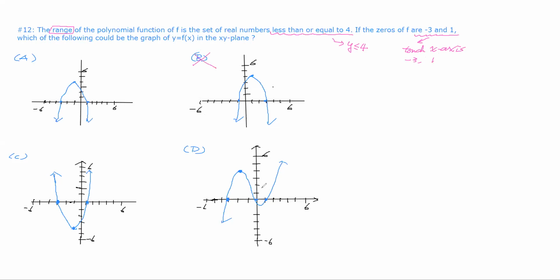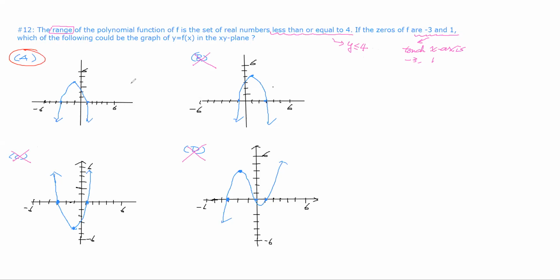The other three are all choices here. Also, y has to be less than or equal to 4, so obviously this one is not, because y continues going up. And this one here, this end is going up, so this one is not either.